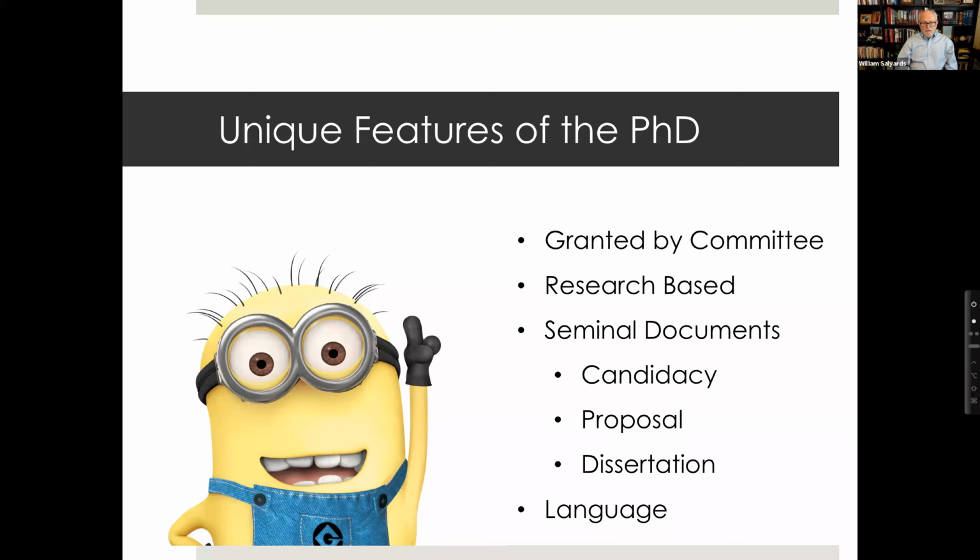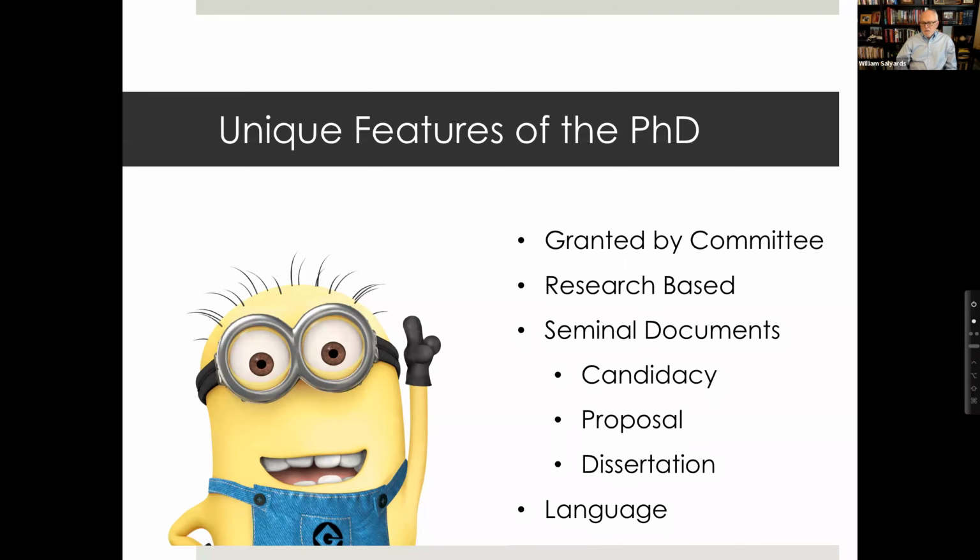So you don't need to hear this and start quaking in your boots, but you do need to be aware that seminal documents in a PhD have consequence, meaning that you can be not allowed to advance. If your candidacy is not sufficient, you will not be allowed to advance. If your proposal is not sufficient, you will not be allowed to do research until it is. If your dissertation is not sufficient, you will not be allowed to become PhD until it is.